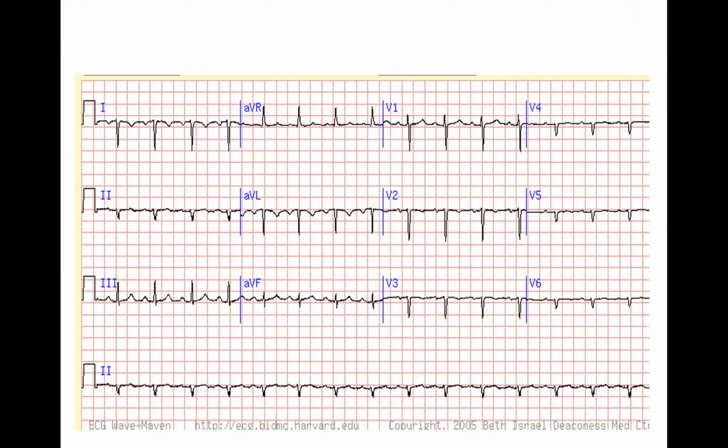If you go systematic, you are unlikely to miss even the trivial subtle abnormalities, which is the way in the exam: to stuff the ECG with as many abnormalities as possible. Even in real life, you sometimes have inferior MI with posterior extension, and the vast majority will miss the posterior extension just because they are focused on the inferior. So if you go systematic, you are unlikely to miss.